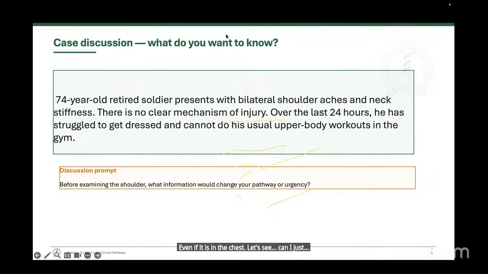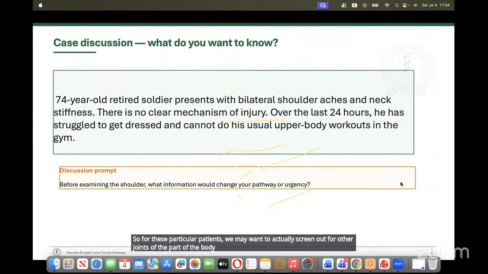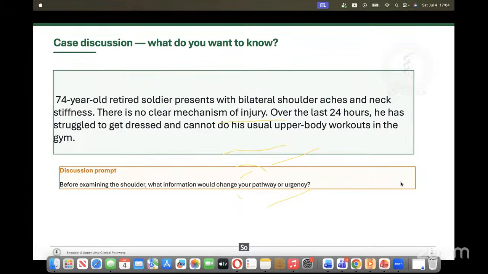Thank you very much for the wonderful lecture. For this particular patient, we may want to screen other joints of the body. We want to know whether the pain is also felt in places like the pelvis and the hip.